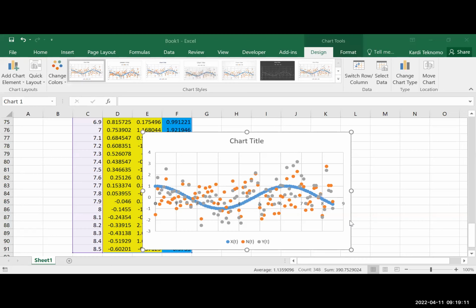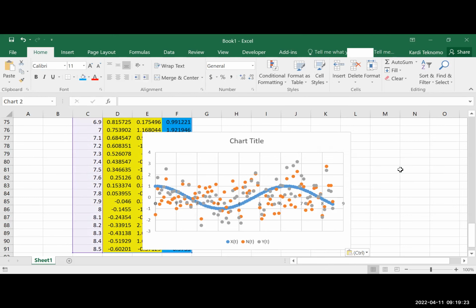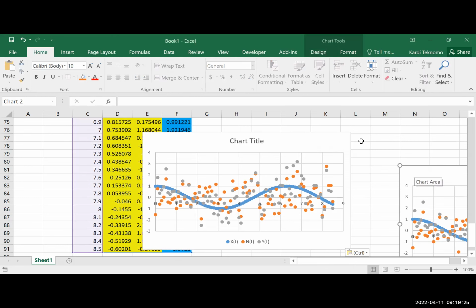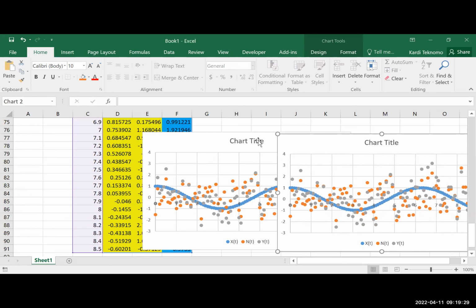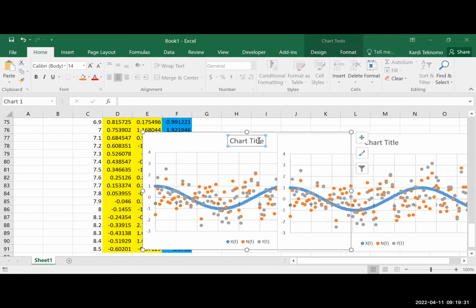So this is the noise and the data. Now what happened is I deleted. Okay, I will copy this, and then put it here. Okay, so this is the pattern.